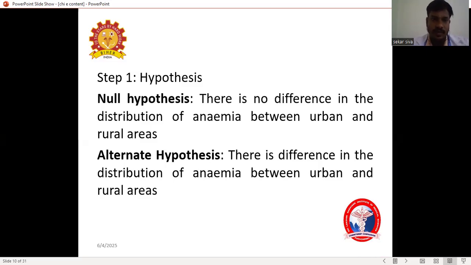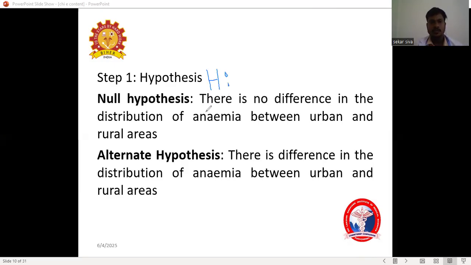There are two types of hypothesis. First one is the null hypothesis, and another one is the alternate hypothesis.